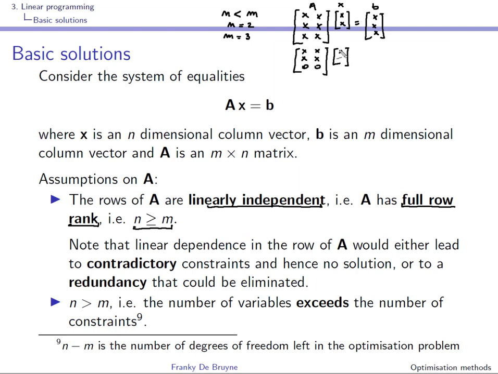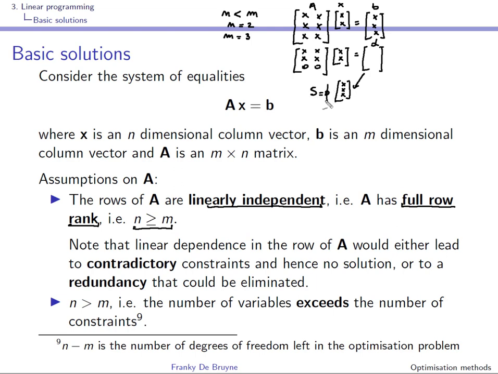This is still my x vector, and then of course by elimination this vector b here will be different. We'll call it d, and 2 situations can occur. The first situation is that all elements in d are different from 0. But then you can see here from the last equation that this system of equations has no solution, right?